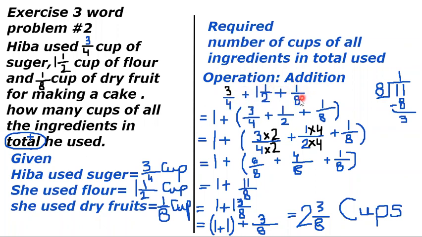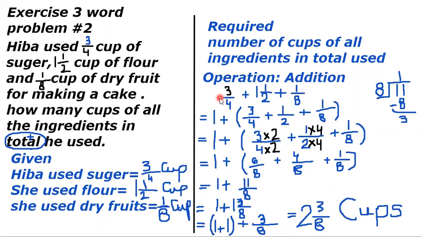Now out of these three fractions, this middle fraction is a whole number fraction. A whole number fraction has two parts, a whole part, a natural number, and a fractional part. 1 upon 2 is a fractional part, 3 upon 4 is a fractional part.